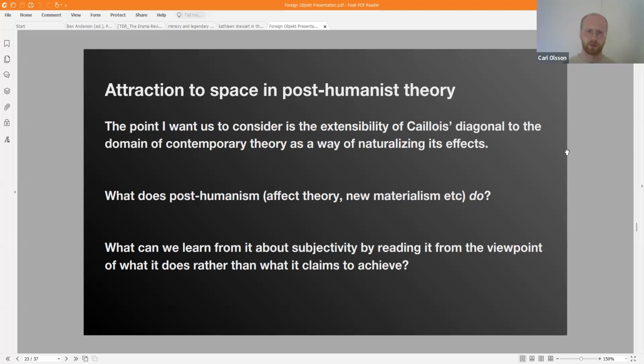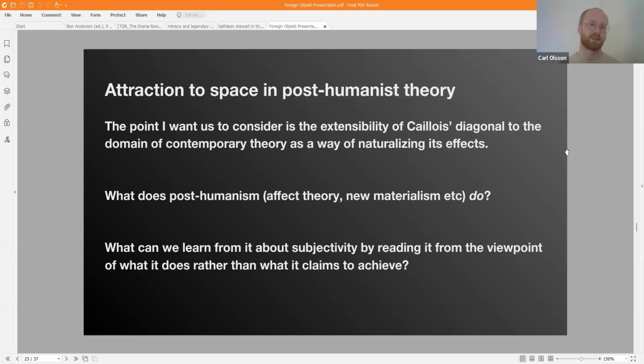So basically the point I want to consider here is, and this is maybe for the people who are a little bit more interested in the idea of the lure of space, rather than extending the diagonal line, we can consider how Caillois's line can be extended to the domain of contemporary theory as a way of naturalizing its effect, in a similar way that I tried to do with the ascent of the scientific image.